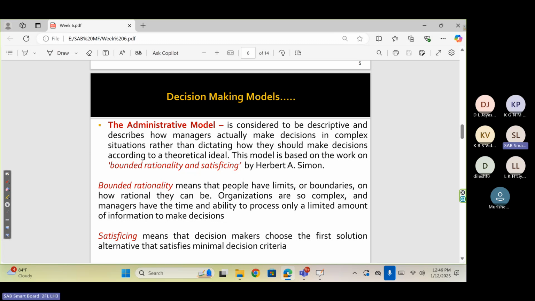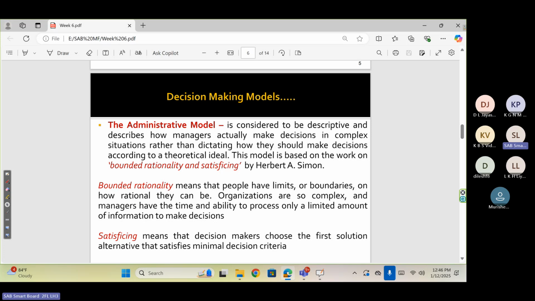Therefore, this model is based on the work on bounded rationality and satisficing done by Herbert Simon. These are the two conditions we see most of the time in complex decision making. One is bounded rationality. It means the decision maker tries to make the decision based on the available resources, especially the available information.